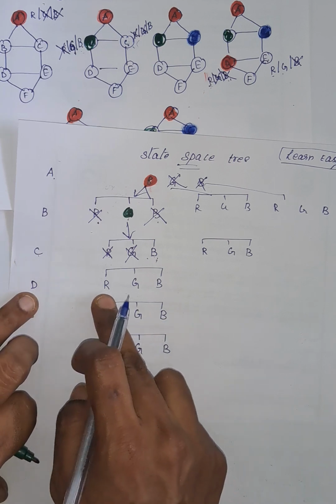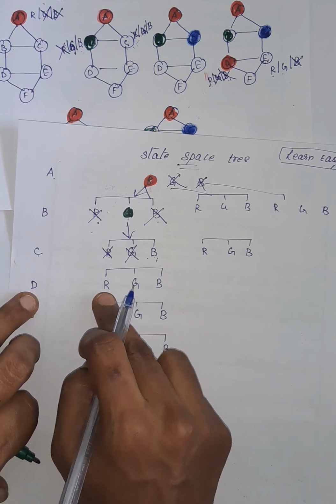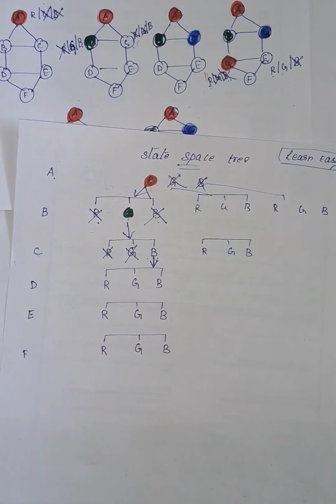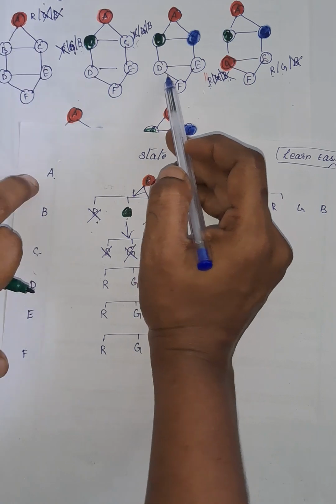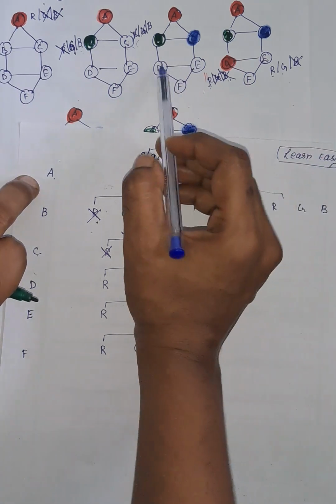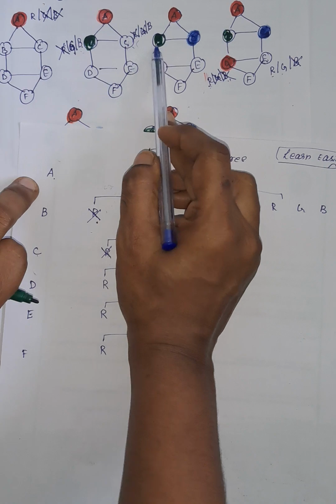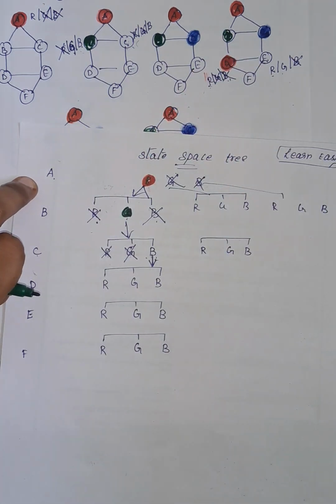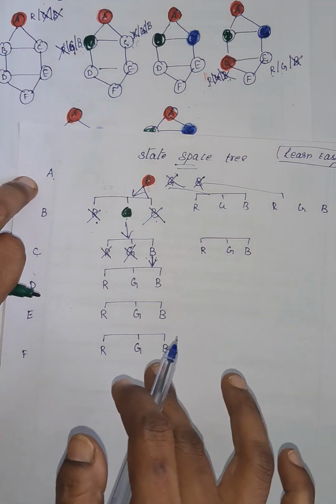Next, from C, I am going to check for D. For D, the initial possibilities are red, green and blue. I am going to check which vertices D is connected with. D is connected with B, F, and E. For E and F, we have not assigned any color yet, so there is no problem.